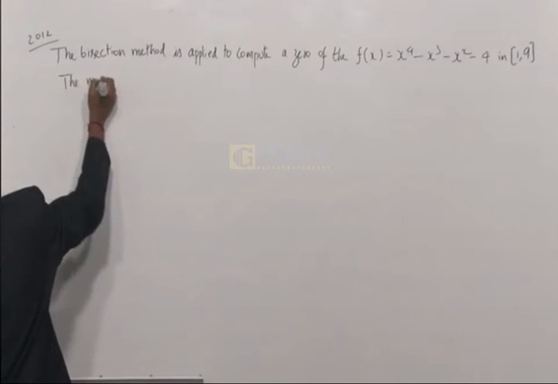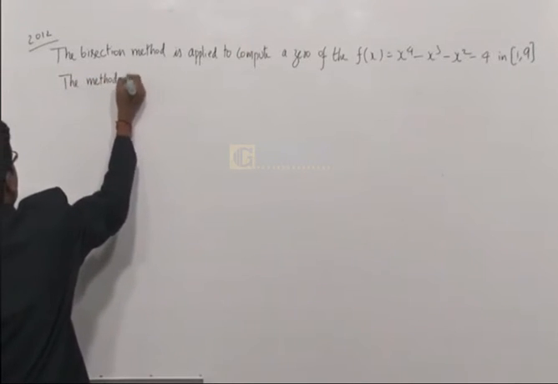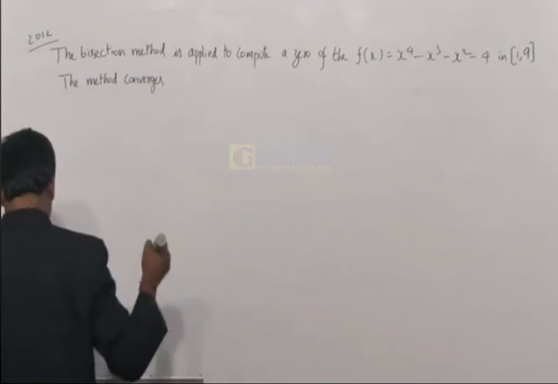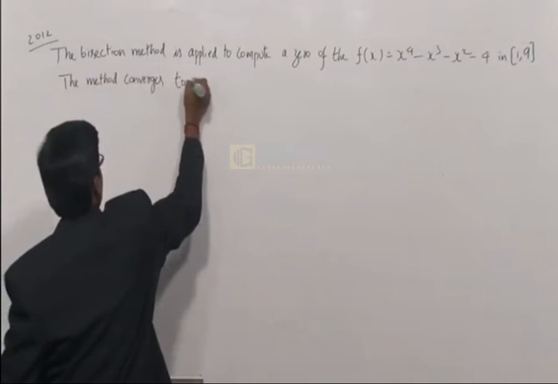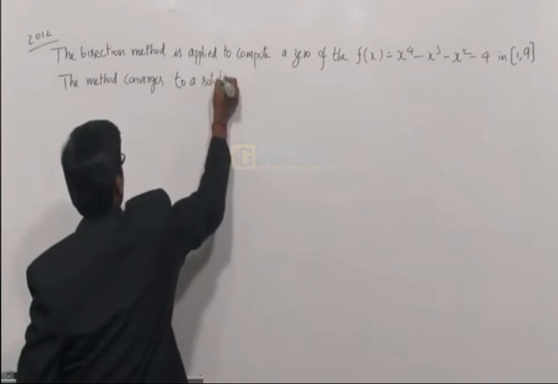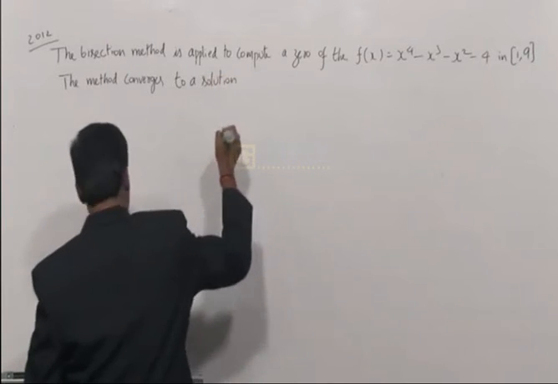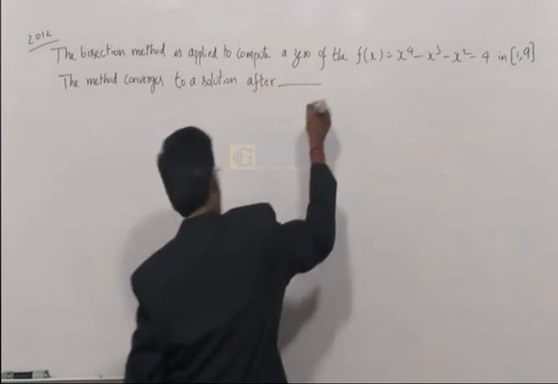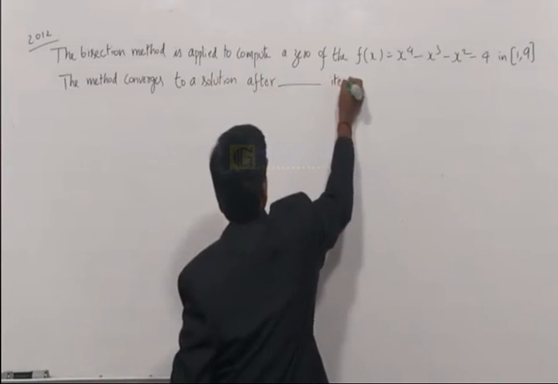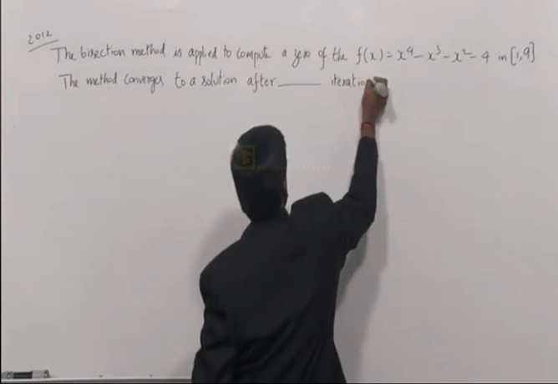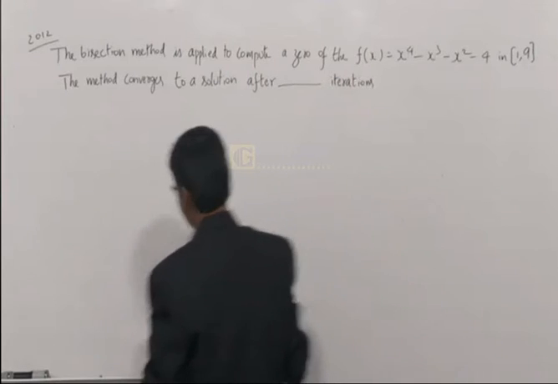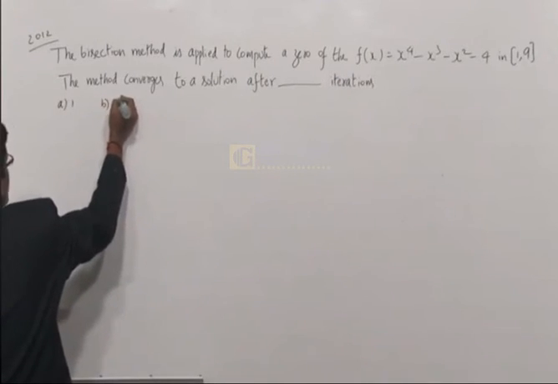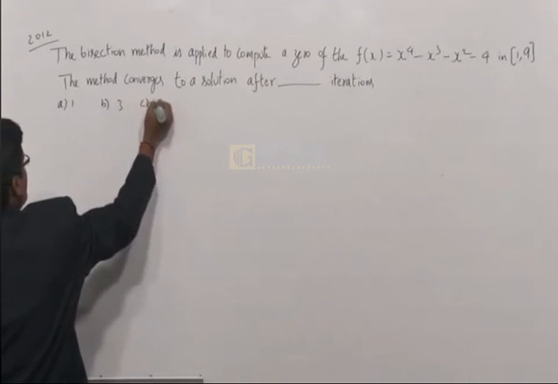The method converges to a solution after how many iterations? It is a fill in the blanks, but anyhow I am going to give the options, so it is options only.